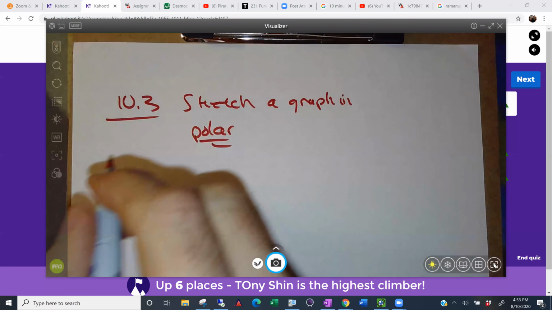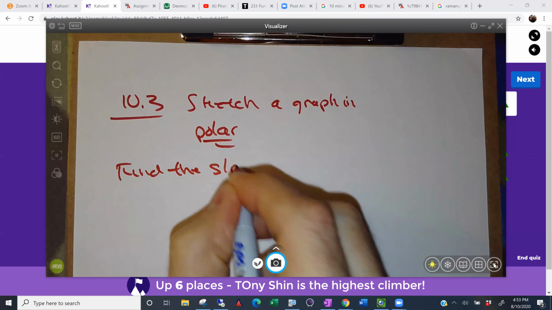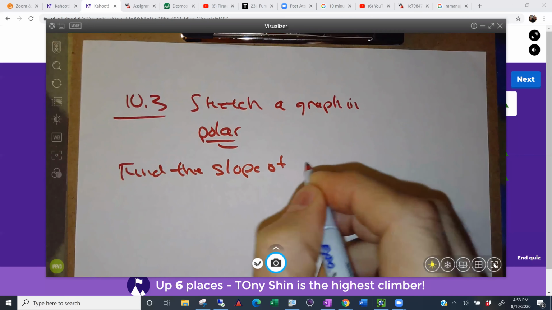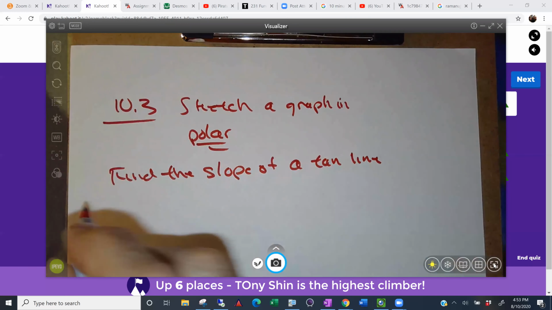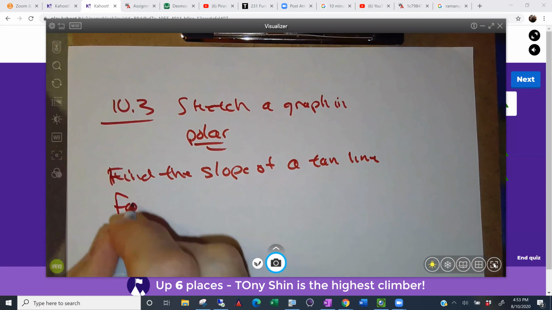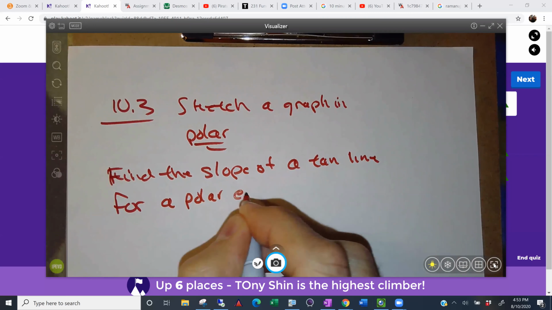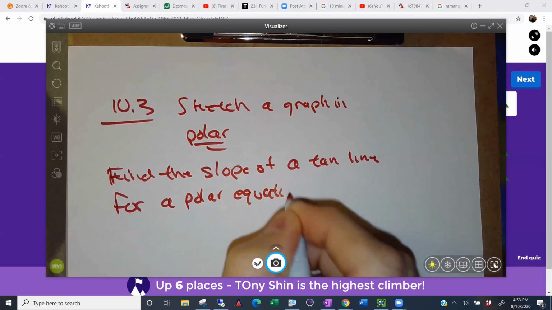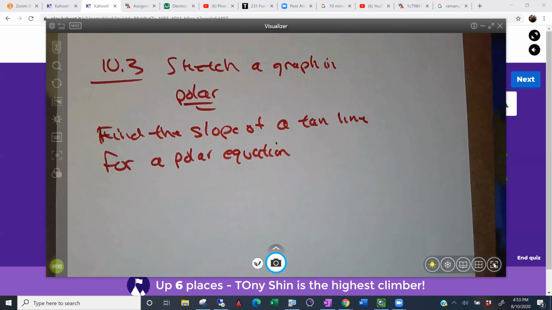You should find the slope of a tangent line for an equation in polar. So there's a formula for that. I'll let you look it up.